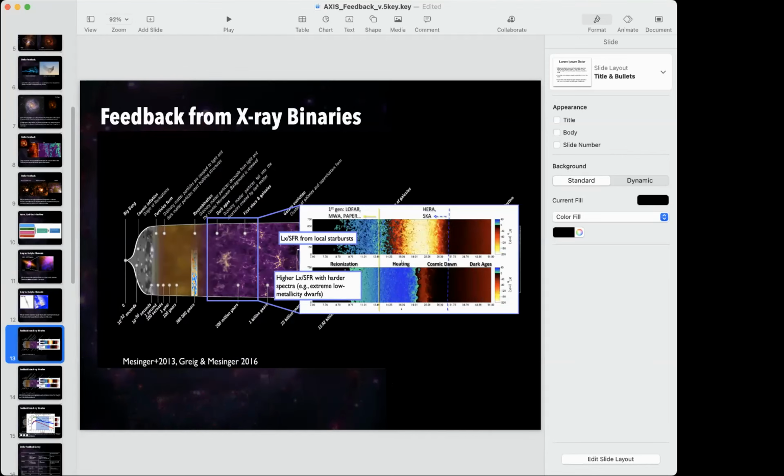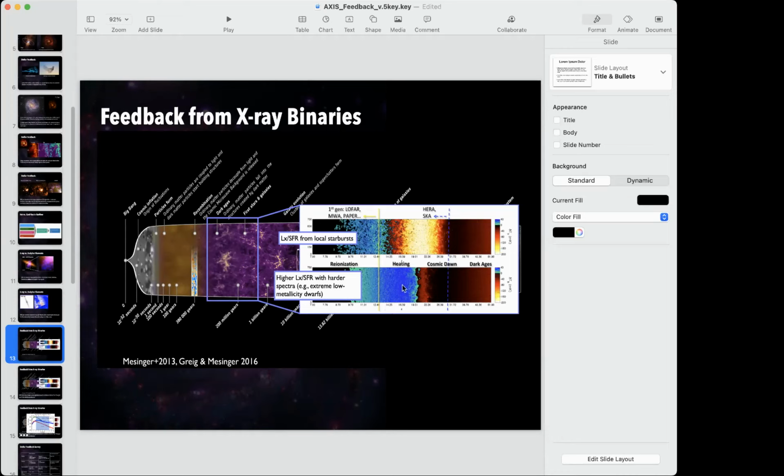So now I will shift to X-ray binary feedback. This is the simulated 21 centimeter map of the brightness temperature offset from the cosmic microwave background and the reach of the second generation 21 centimeter interferometers for two different models. The top one is an LX-SFR scaling set from local starburst galaxies, and the bottom one is a more extreme X-ray model that is both more luminous and has a harder spectrum.